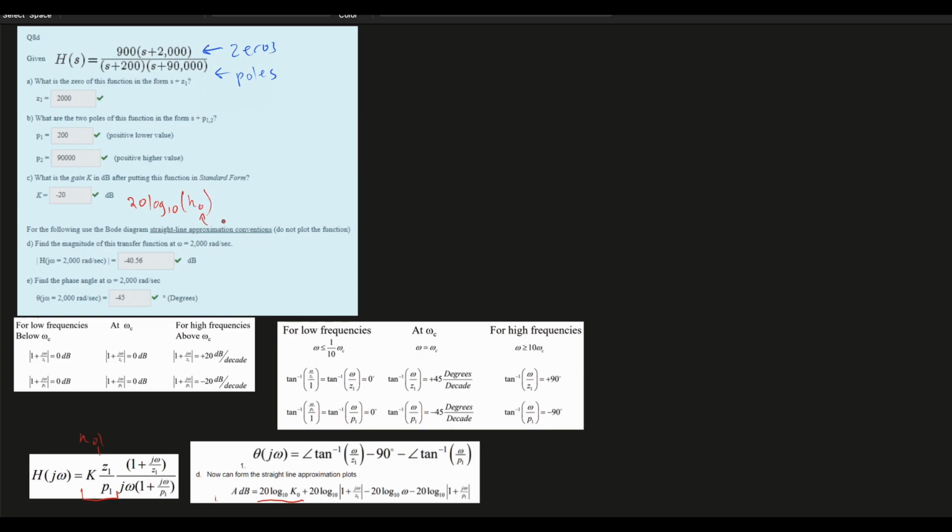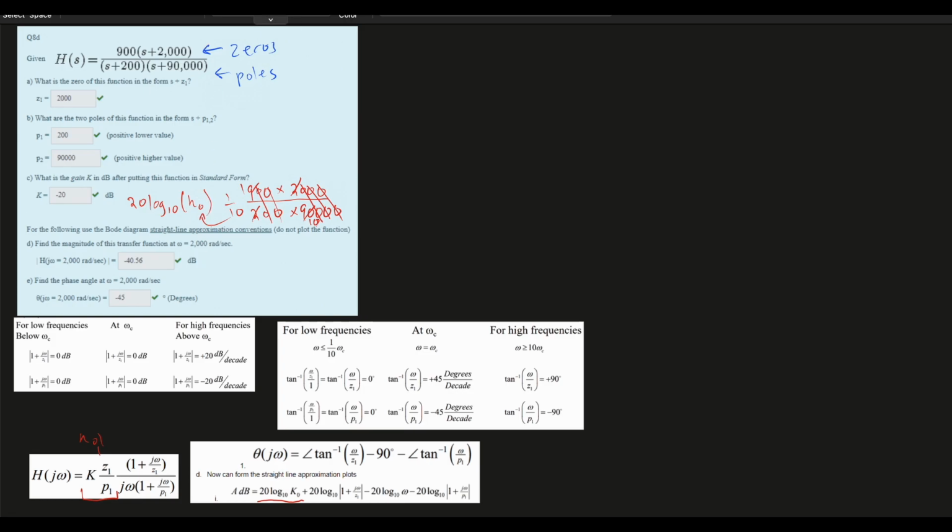For this problem, the k naught is 900 times our zero, which is 2000, divided by our poles. So we have 200 times 90,000. And then we can go ahead and cancel out some of these zeros, this 2 with this 2, and then this 90 with this 90. And this will give us a 1 over 10. So if we plug this into a calculator, we are going to get a 20 log base 10 of 1 over 10, which will give us a negative 20.